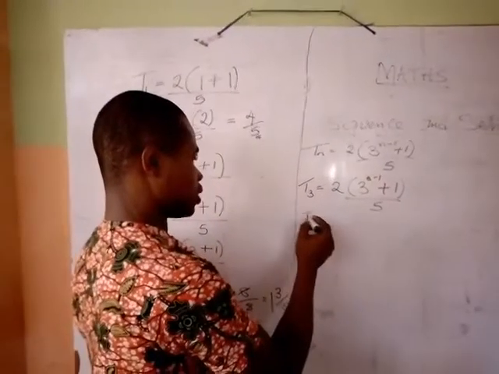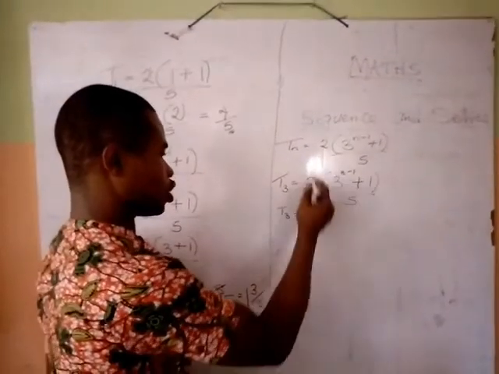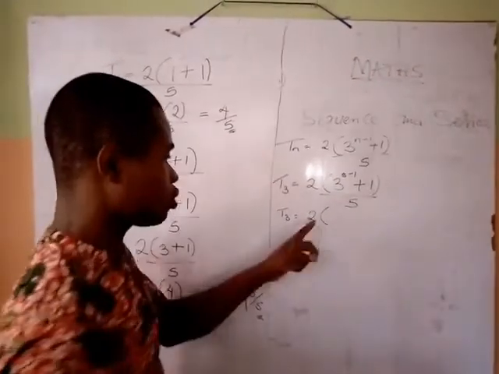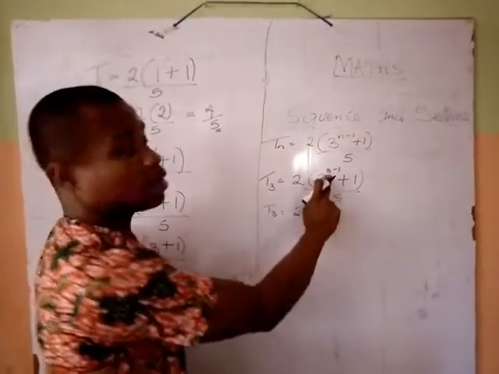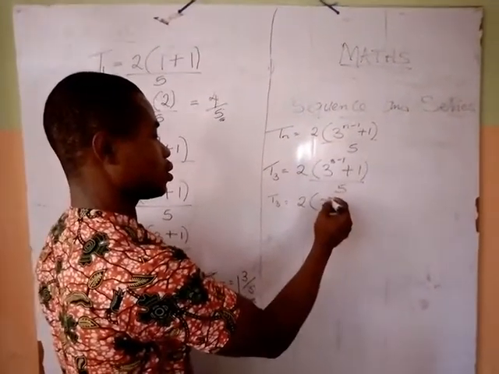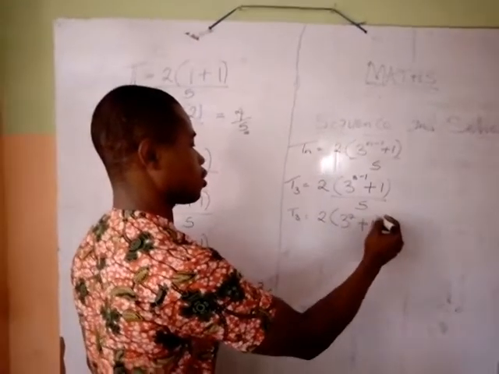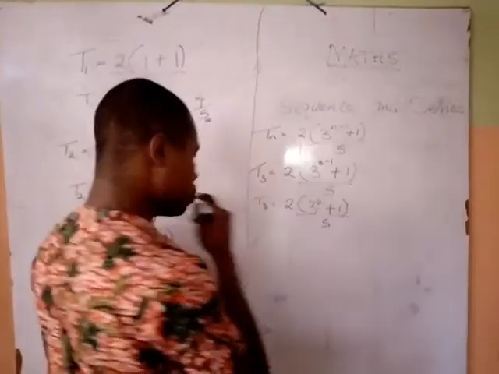Then you bring down your T3 will be 2, open your bracket as the numerator. Then 3 raised to power, simplify the powers or the index. 3 minus 1 will give us 2, plus 1. You close the brackets, all over 5.